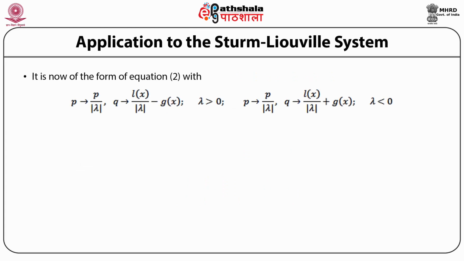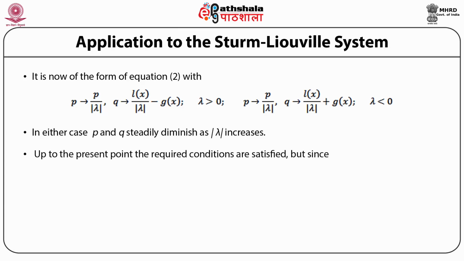It is now of the form of equation 2 with P tending to P by modulus of lambda and Q tending to L(x) divided by modulus of lambda minus g(x), where lambda is greater than 0, and P tending to P by modulus of lambda and Q tending to L(x) by modulus of lambda plus g(x) if lambda is less than 0. In either case, P and Q steadily diminish as modulus of lambda increases.